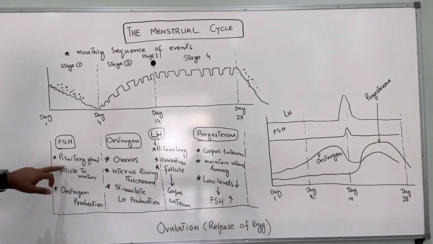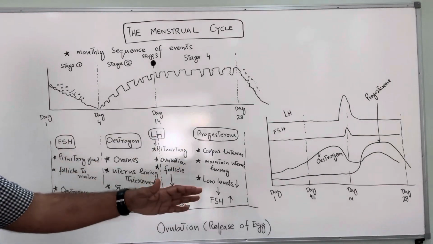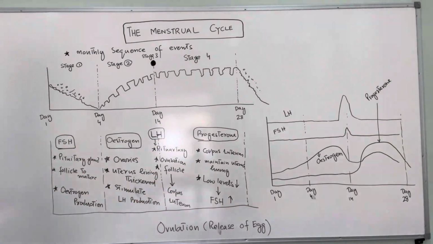Remember, it is released by the pituitary gland, which is also called the master gland. Why master gland? Because it releases so many hormones in our body, and not only that, but it controls many other glands to release their hormones.